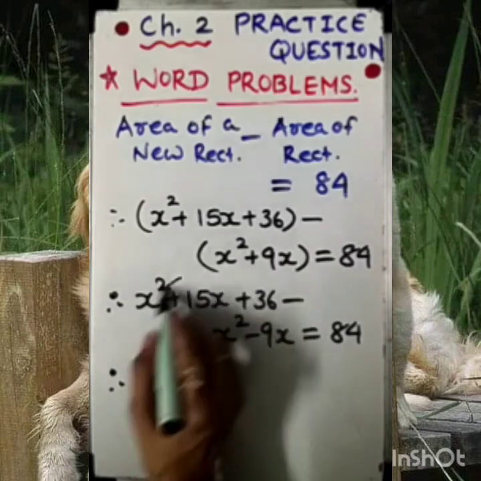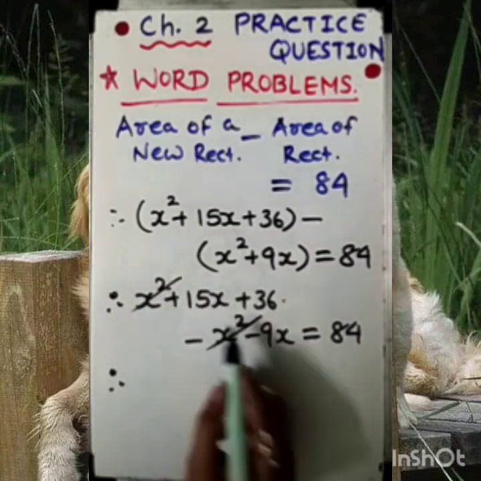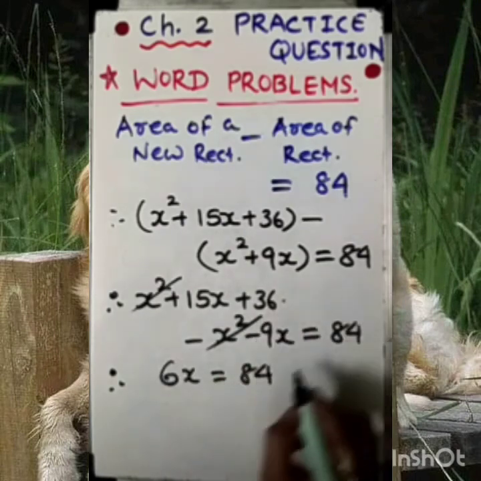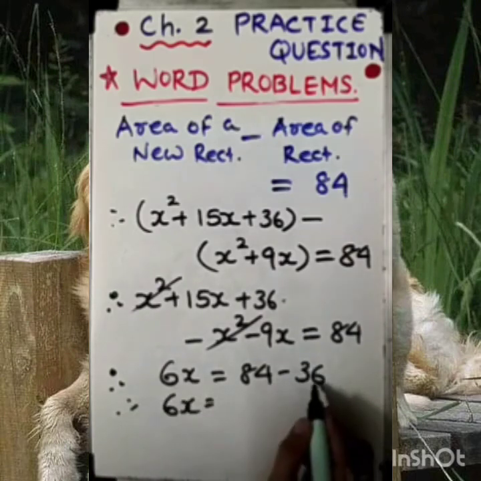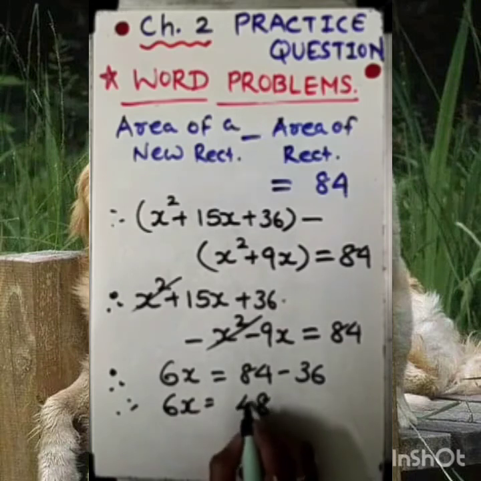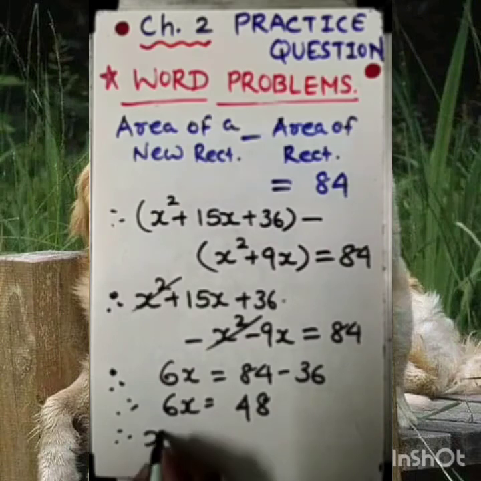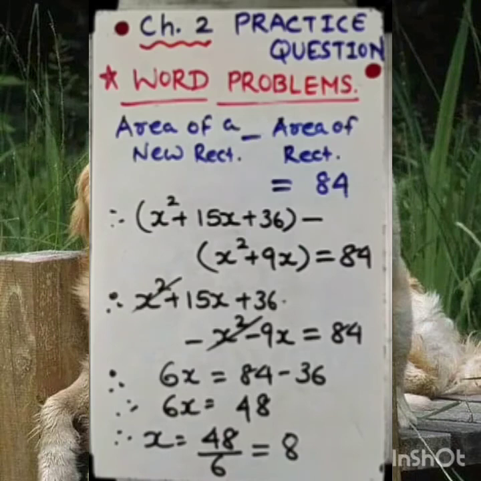Here, x square minus x square will be cancelled. 15 minus 9 is 6x, and on this side 84 minus 36 is 48. 48 is divisible by 6, so x equals 48 divided by 6, that is 8. Therefore, the value of x is 8.